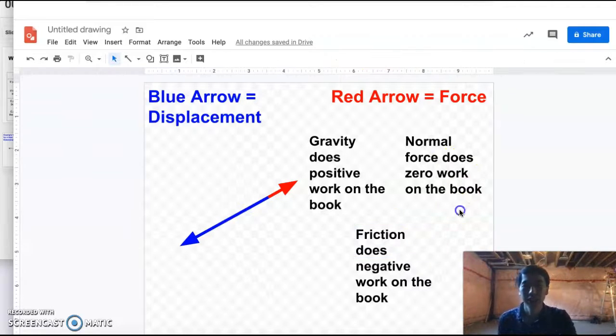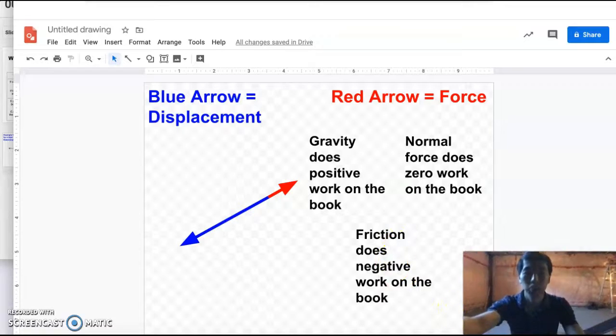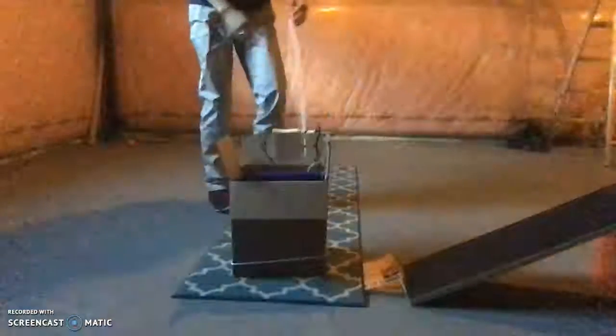And one other thing, you may think, oh, friction definitely has to always be in the opposite direction of the motion, so it does negative work. Well, actually, that's not exactly true either. Friction can sometimes be in the same direction of the motion, and I'll show you a quick example of that. I have this box here.